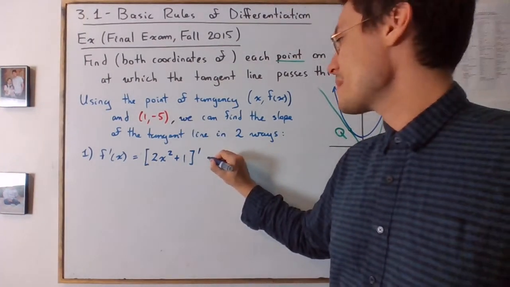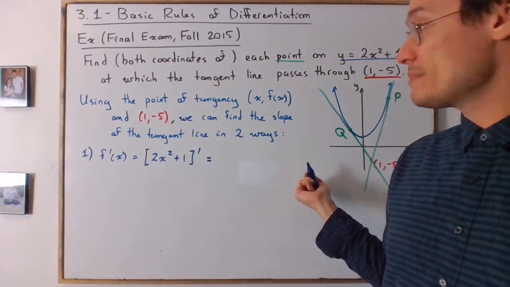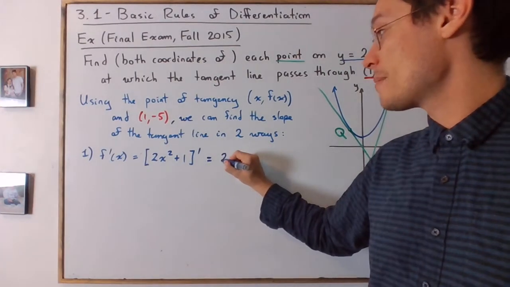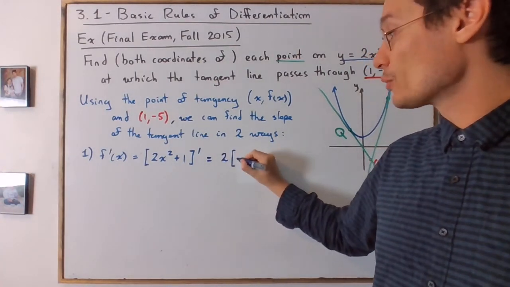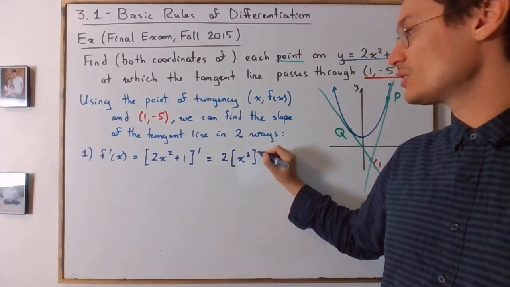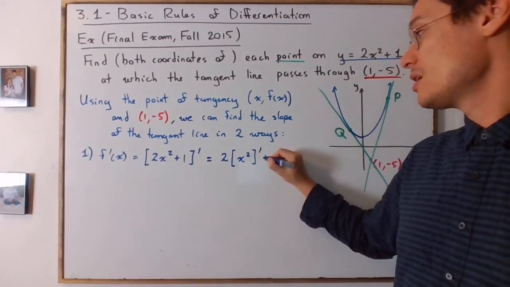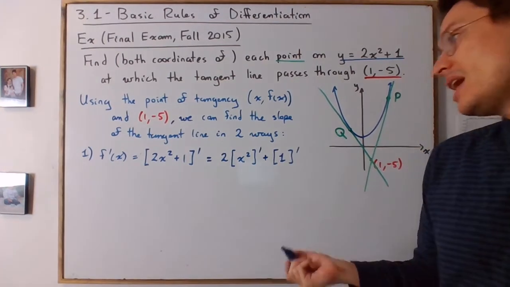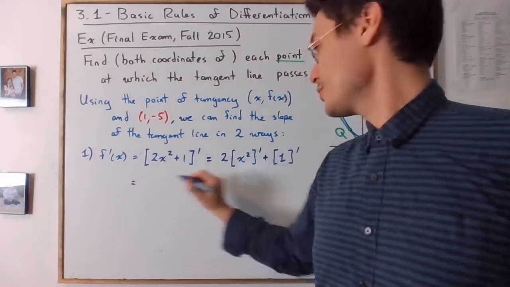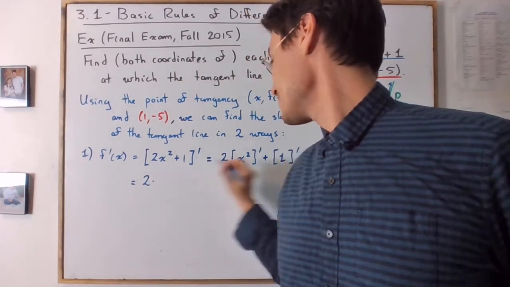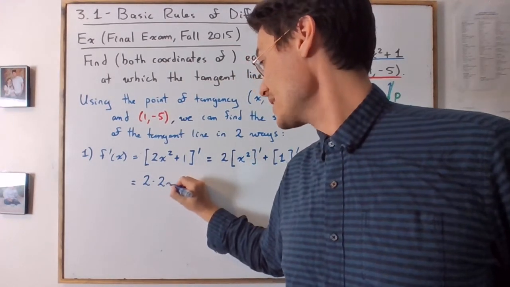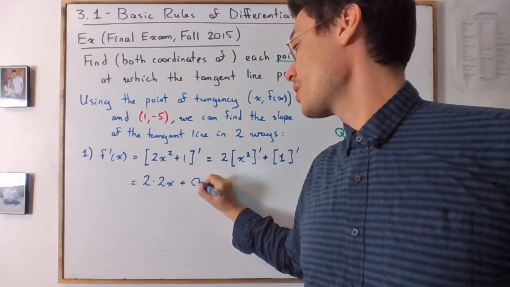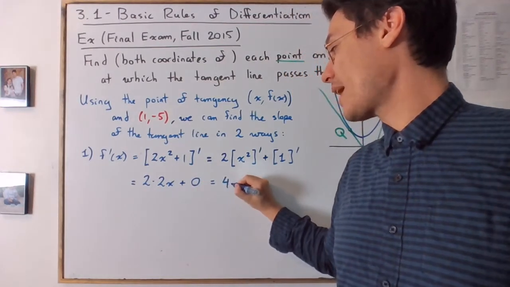What I want you to remember is that you're using the sum and the constant multiple rule at the same time. So you're taking twice the derivative of x squared plus the derivative of 1, each on their own. So you have 2 times the derivative of x squared, which is 2x, plus 0. In other words, this gives you 4x.